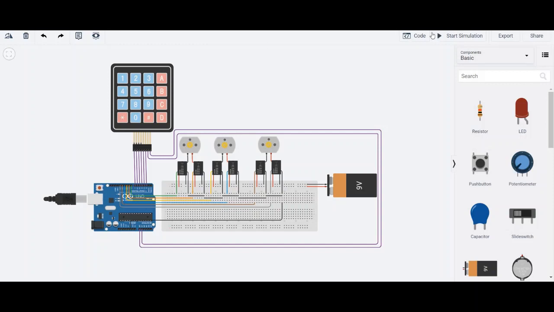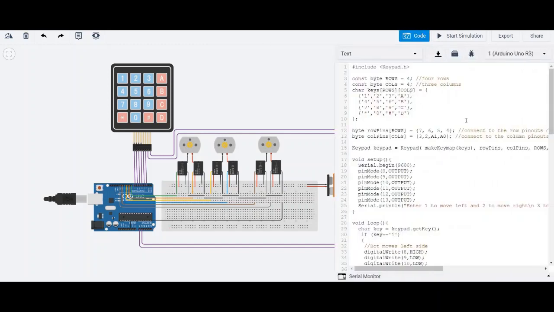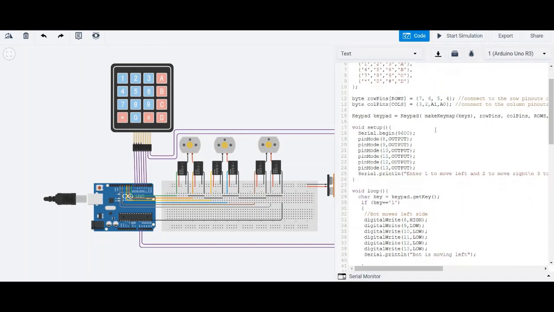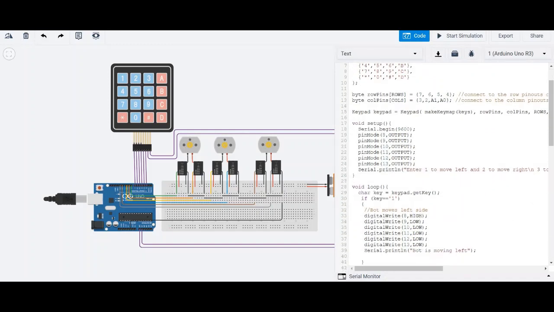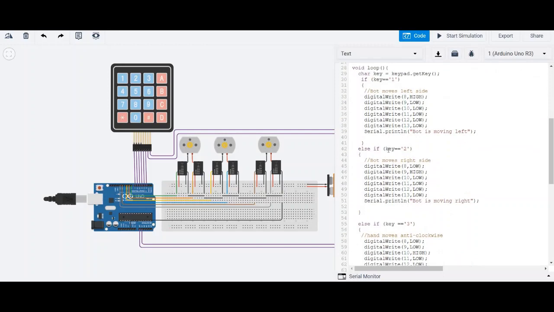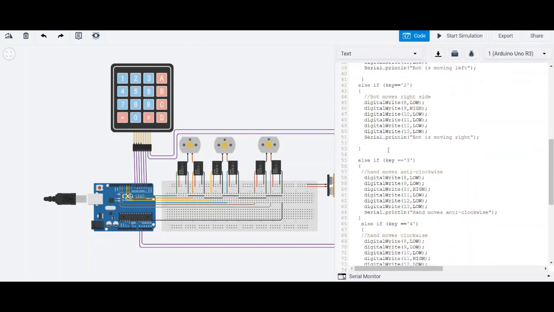Now this is our code, which we'll be using for our carom bot. In this code, we can clearly see the 6 pins we'll be using for our DC motors, and these are the 8 pins we'll be using for our keypad. And this is how our code looks.